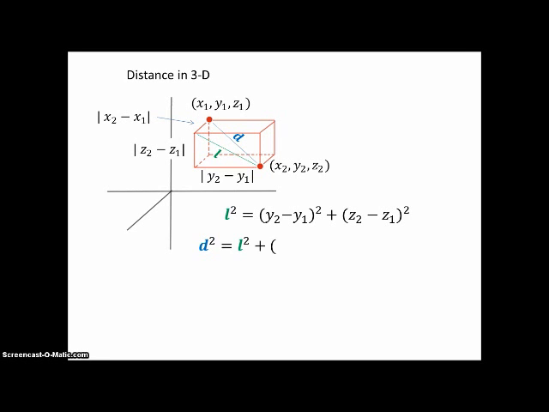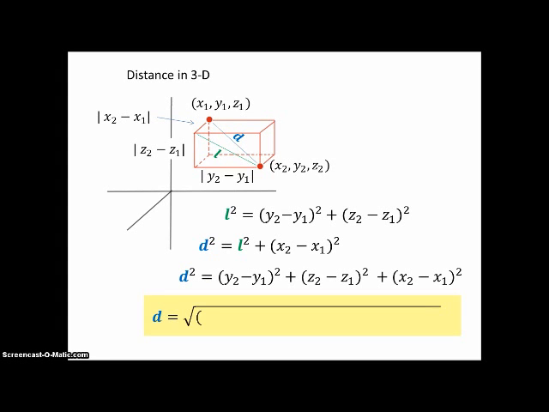So now we have D squared equals L squared plus the difference in the x coordinates squared, and then we substitute for L squared, take the square root and put it in alphabetical order. And so it's sort of an extended Pythagorean theorem in 3 space.